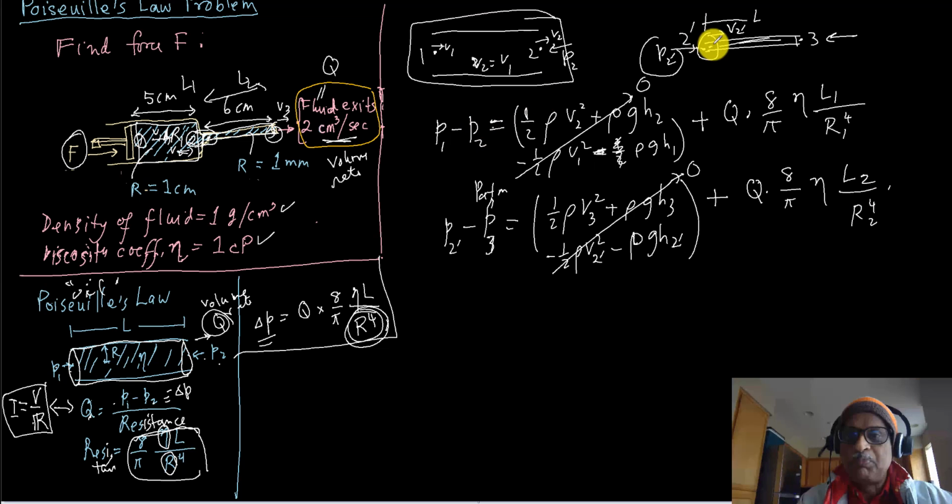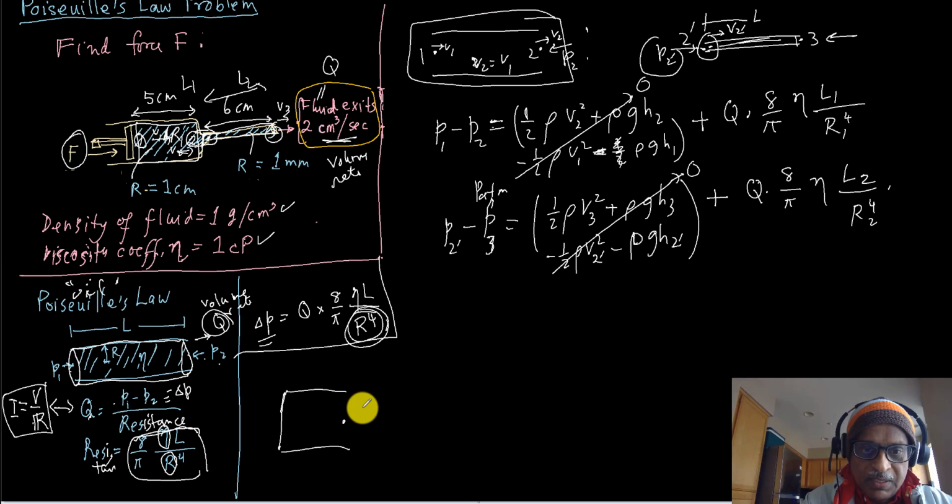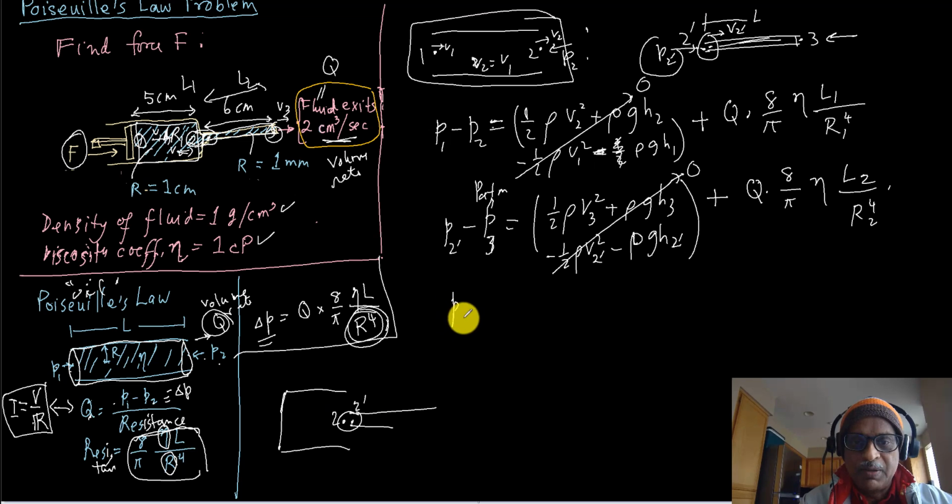Now, what's the relation of P2 and P2 prime? Let's write down over here, 2 is in the wide part over here, and 2 prime is inside the narrow part. So let's call it P2 minus P2 prime.